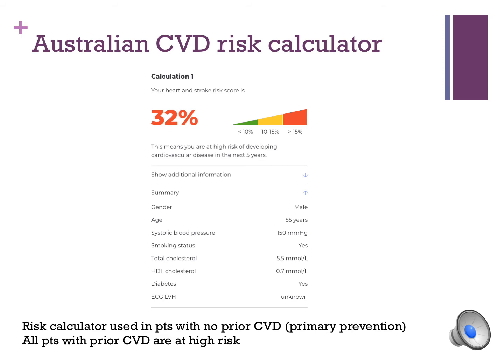And we can see here that Mr. Williams is at very high risk of developing cardiovascular disease in the next 5 years, in fact, a 1 in 3 chance. So it's very important that we have very good control over his vascular risk factors. It's important to note that these calculators are used in patients with no prior cardiovascular disease, and any patients who have existing cardiovascular disease are automatically deemed to be at high risk.